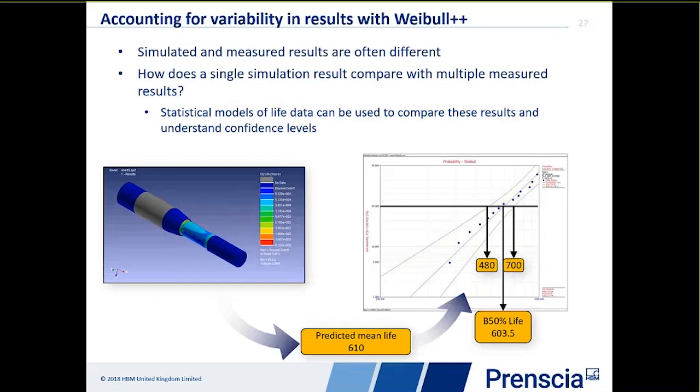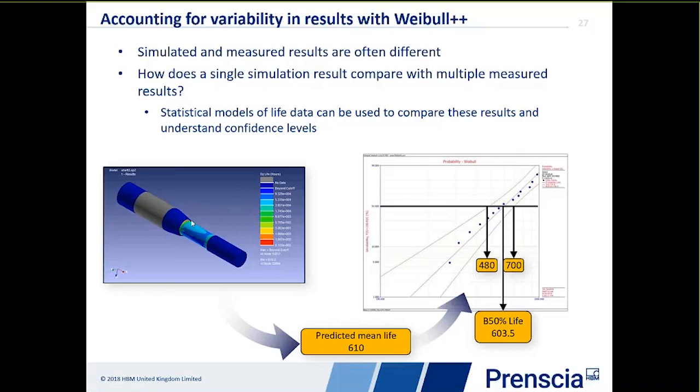Now, if we take a structure like we see here on the left and perform fatigue calculations inside of nCode, we might get a single answer, and that single answer might be something like we can perform 610 repeats of some event before we would expect a fatigue failure on that structure.